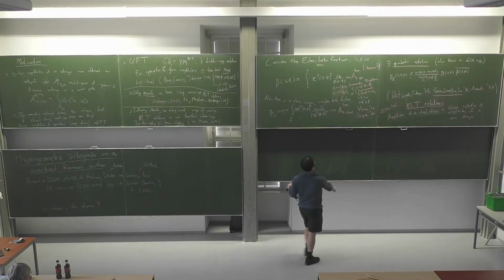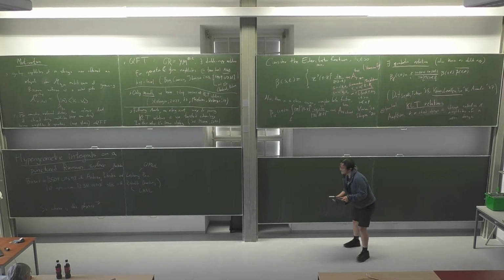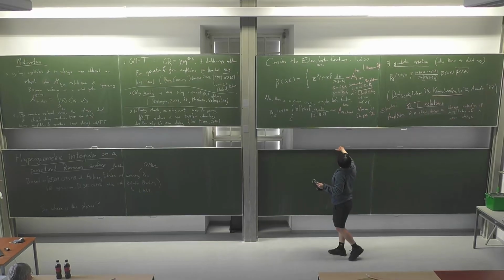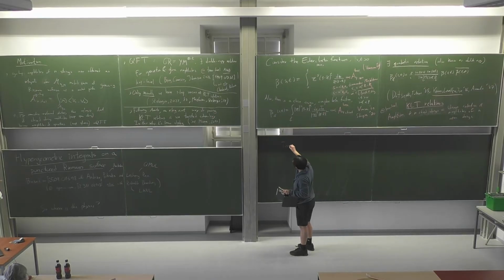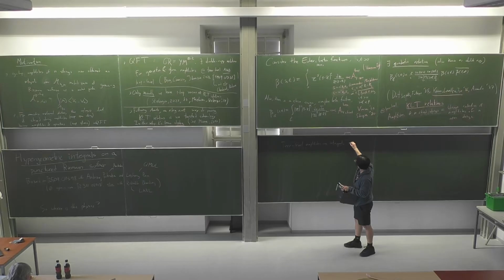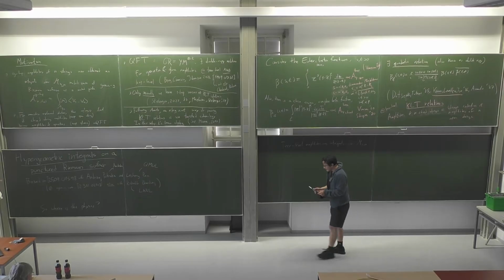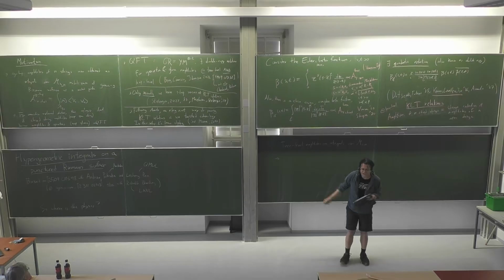Okay, so this brings the big questions now. For tree-level amplitudes, KLT relations, where we have integrals over M_{0,n}, what do we even mean by asking what is the loop level version of this?